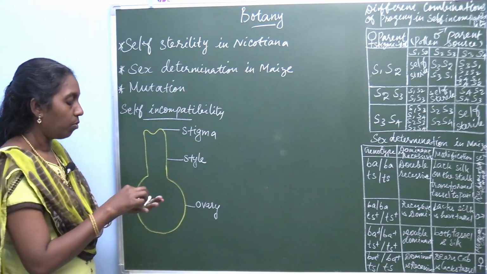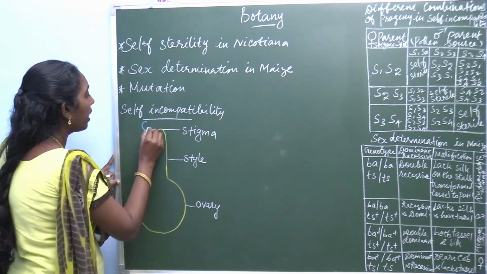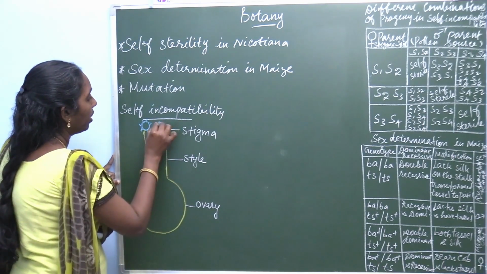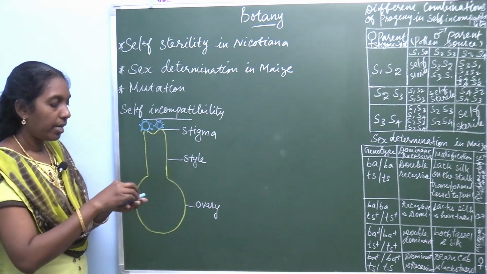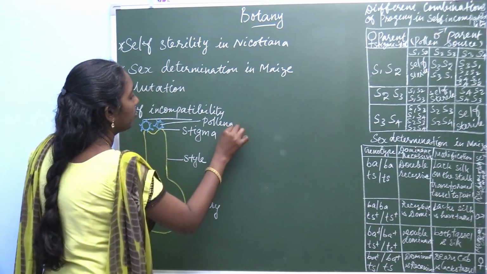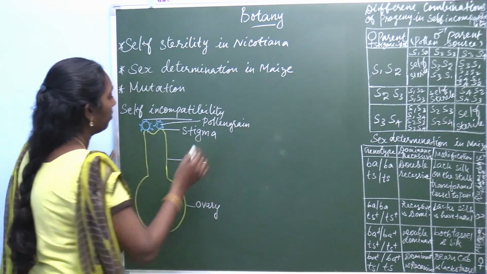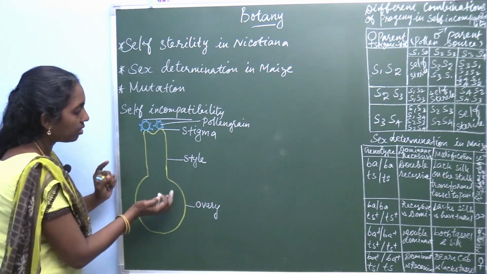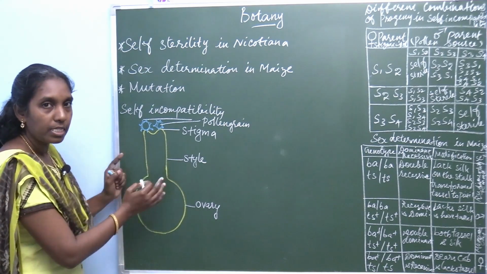What happens normally? The pollen grains are dusted on the stigmatic surface. This is the ovary, the pistil.